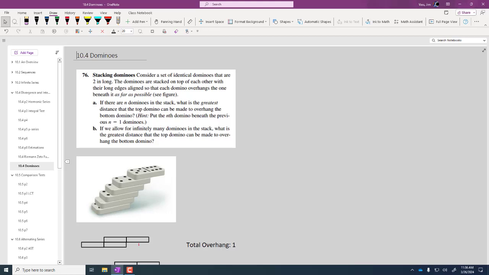But the idea is, can you stack them in a way, and if so, what's the minimum number, so that you can have the top domino or brick hanging over the base domino? So you put your first domino down, and then you start creating that little wave. Looks kind of like the natural log function. Can you stack them so that it will not fall over and have this domino totally overhanging the bottom?